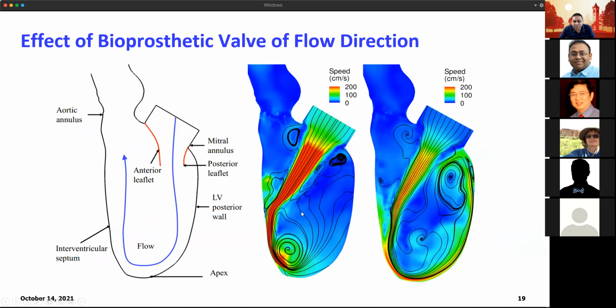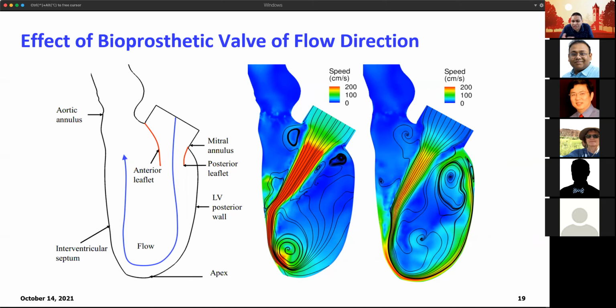On the other hand, for prosthetic valves, the blood flow enters the ventricle at a steep angle, and then there is a reverse circulation of blood inside the heart itself. And we found this in our simulated models, and then we went back and looked at literature, and we found that this has also been reported by other people where they have replaced the mitral valve with the prosthetic valve, and found that there's been a change in the blood flow circulation direction.